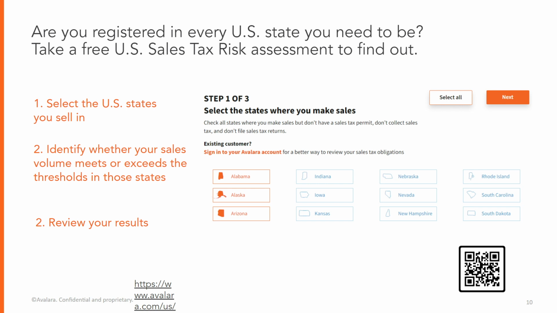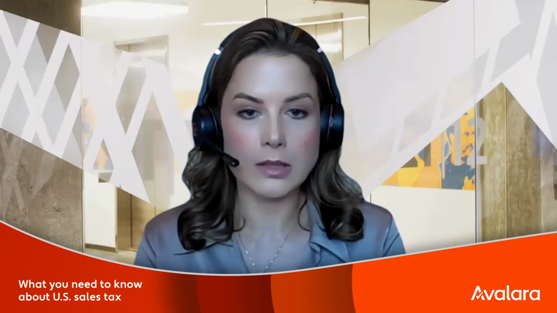Is the best option to register and do back filings, or is the best option, based on when you breached nexus and the historic liability amount that's due, for a VDA to be considered? We offer that voluntary disclosure agreement process as well. We would consult based on the assessment and handle the voluntary disclosure agreement from start to finish.